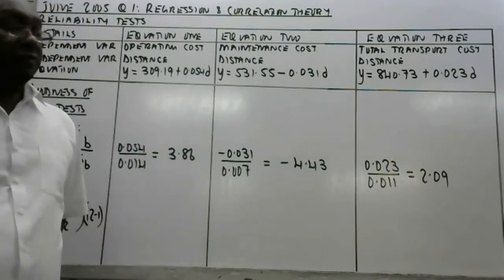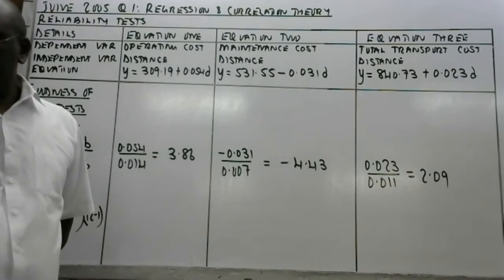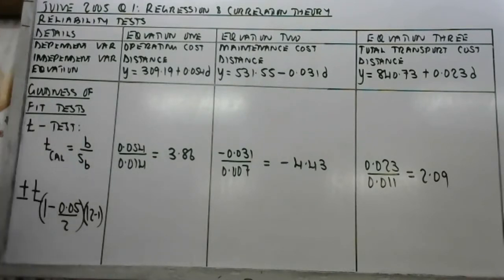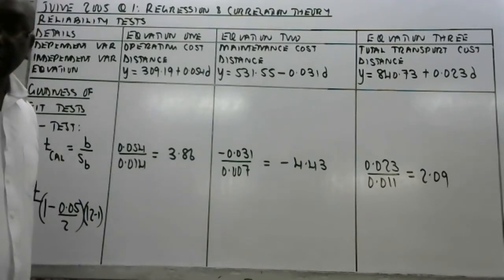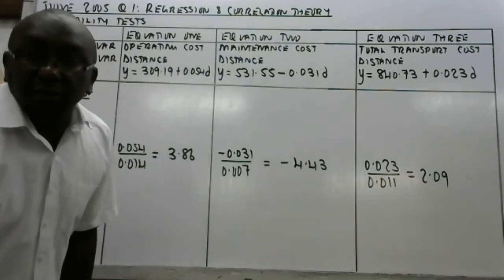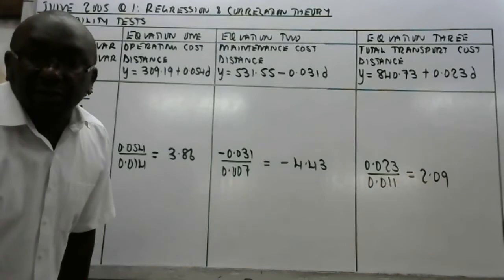Waiting for the value from the t tables. You're taking too long. Yeah, Ivan says 2.2. Someone else to confirm so that we proceed.